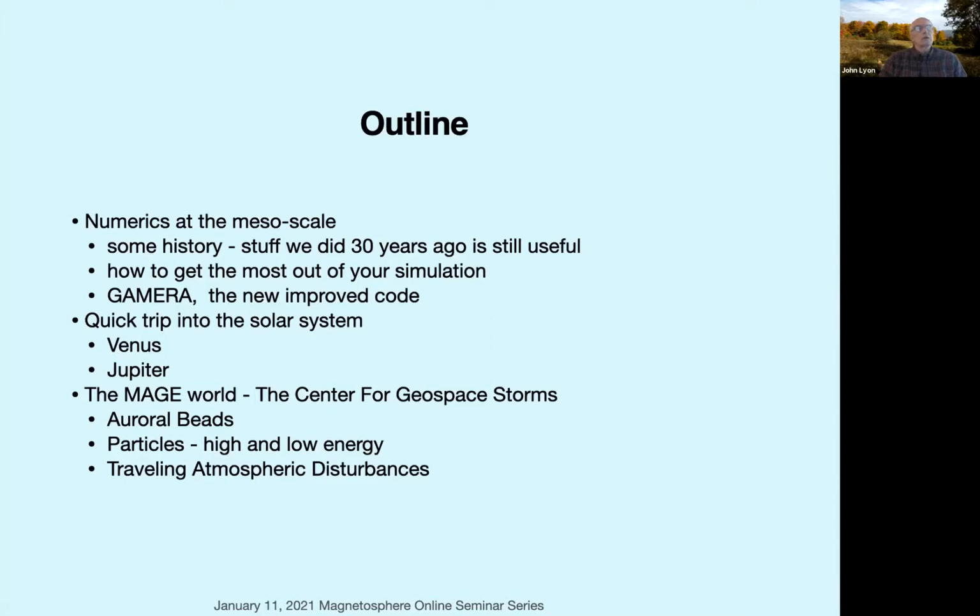And then we'll talk about the MAGE world, which is the thrust of the Center for Geospace Storms that Slava Merkin is running at APL. I'm going to talk about some work that Kareem Sorathia did with auroral beads, some particles that both Kareem and I did, tracing particles in these high resolution simulations, and then some work that Kevin Pham has been doing on traveling atmospheric disturbances.